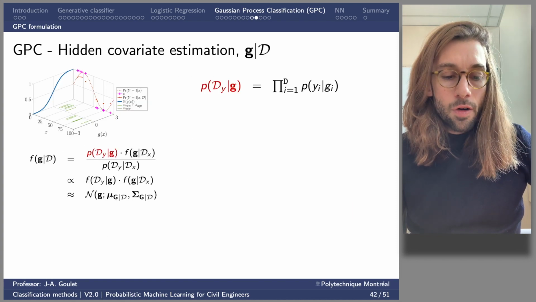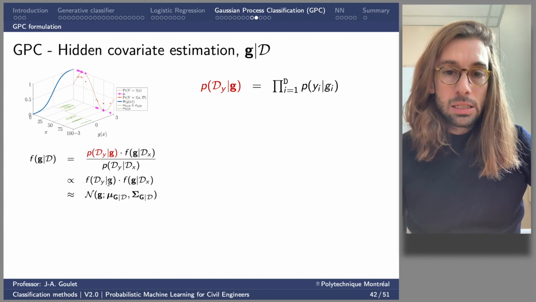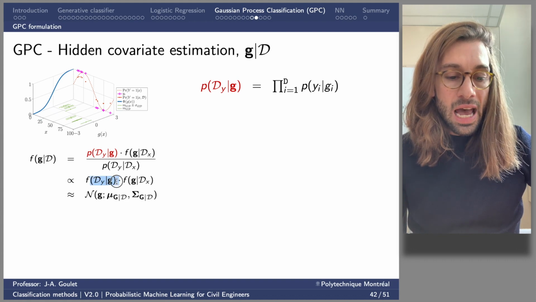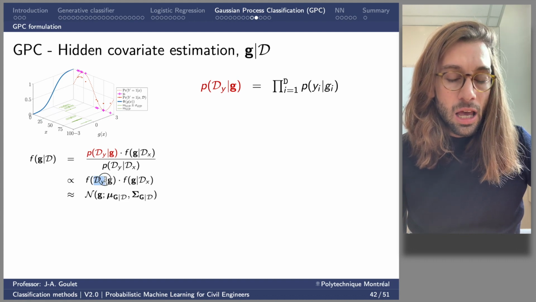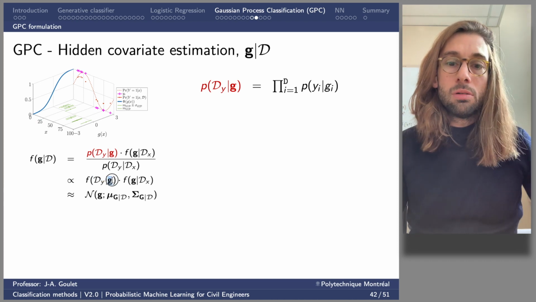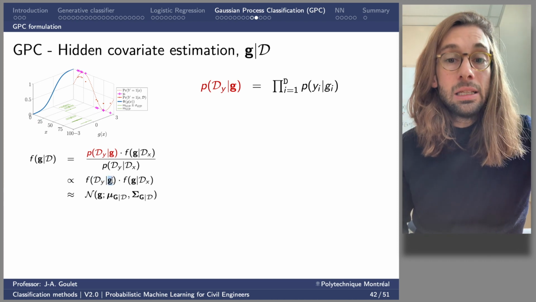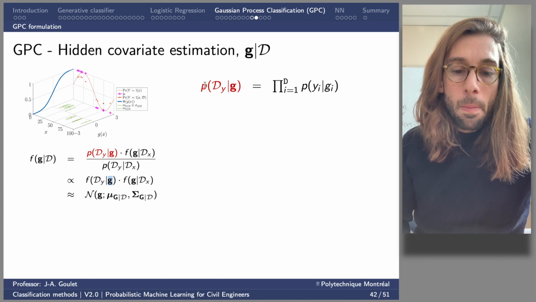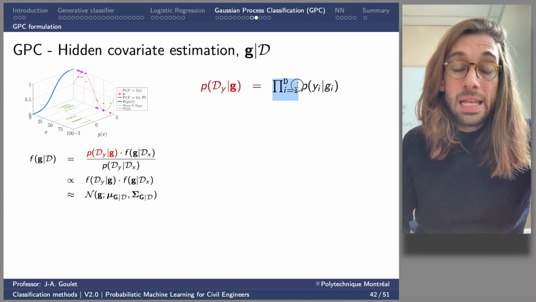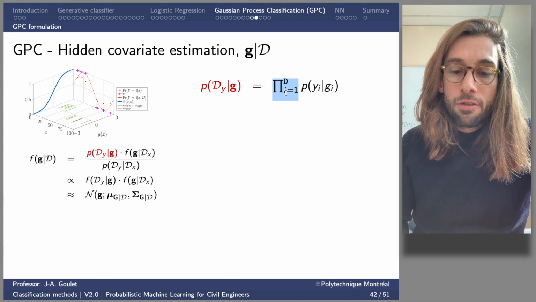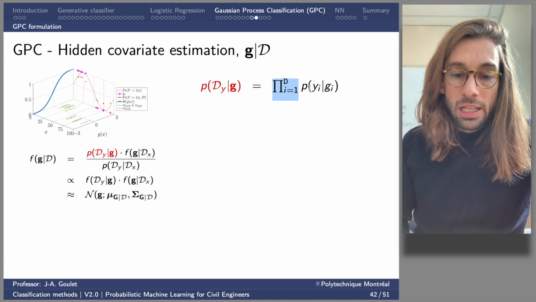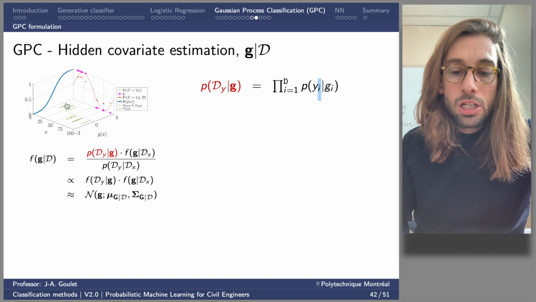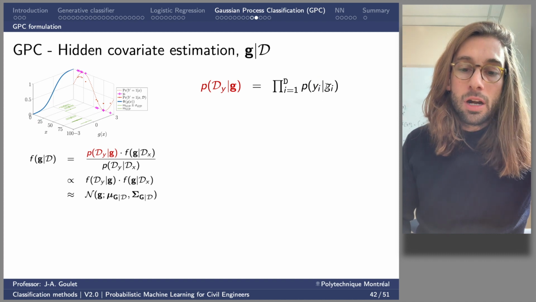So here we have the same quantity as we had before. So I need to first describe what this is, okay? The conditional probability of observing the data given the inferred observed value for my latent Gaussian process, okay? This conditional probability is going to be the product over all my data available of the conditional probability of a class, yi, given gi, my latent variable, okay?